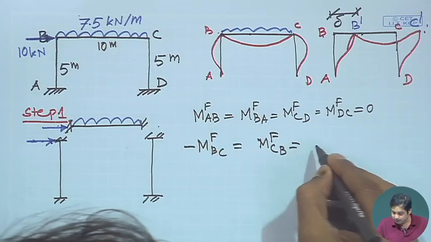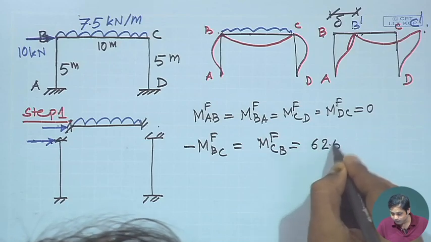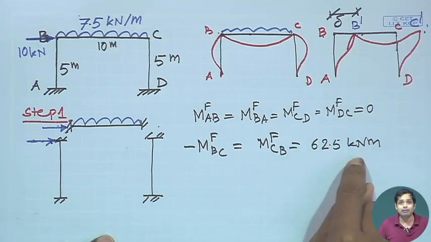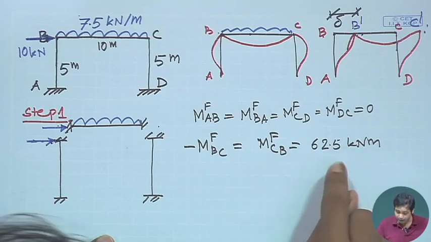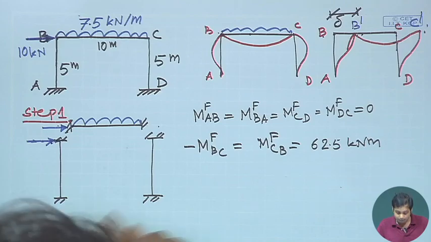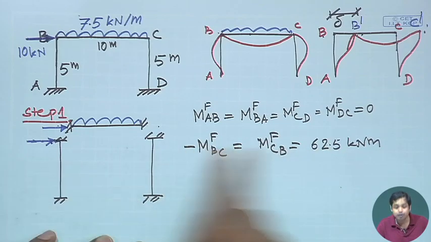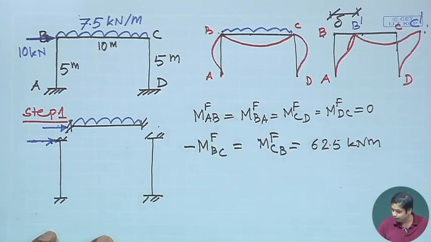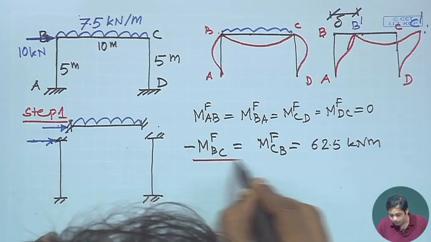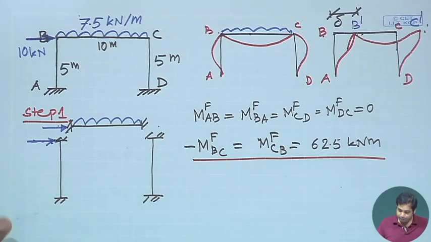So, this becomes 62.5 kilonewton meter. For some of the results I suggest you refer to our previous class, because we have already computed these values in the previous class. So, this is the fixed end moment we have. This was our first step.